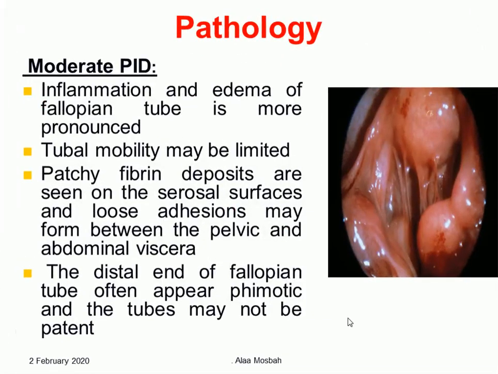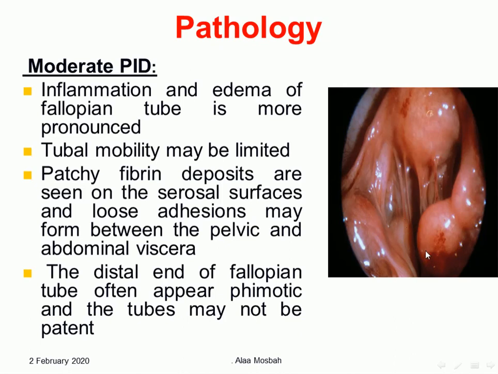In moderate PID, as in the picture, the inflammation and the edema of the fallopian tube are more pronounced. Tubal mobility becomes limited. Patchy fibrin deposits are seen on the serosal surface, and loose adhesions may form between pelvic and abdominal viscera, like these adhesions.